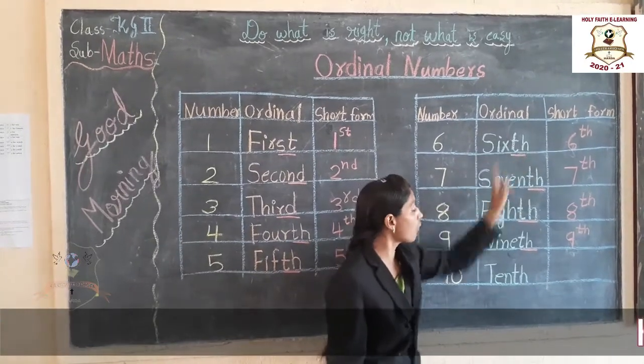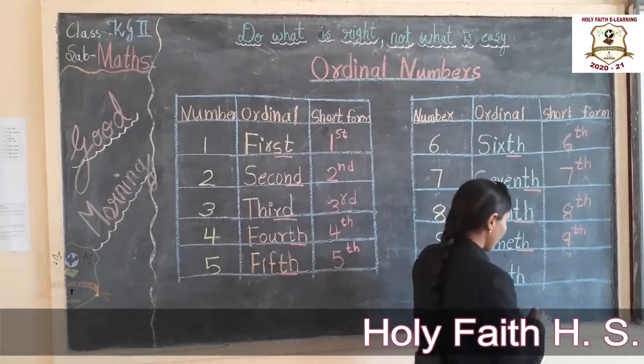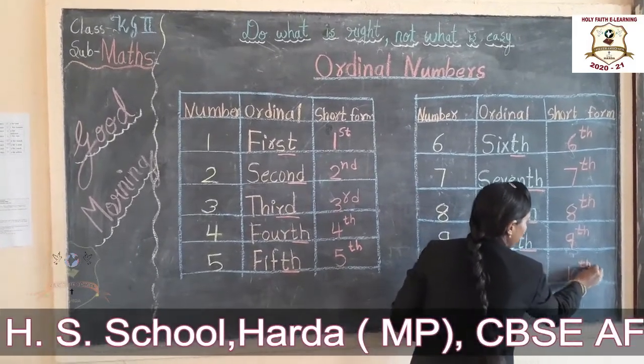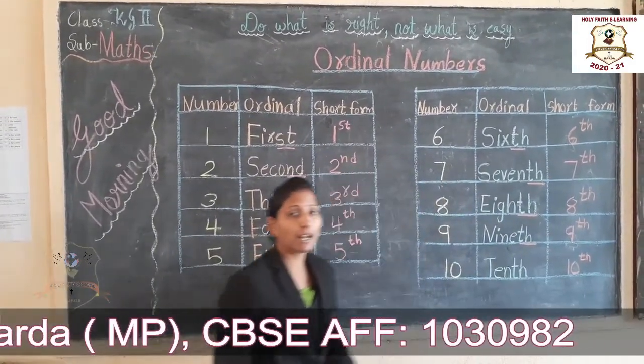Tenth. And the short form of tenth is, look at here, ये 10 लिखा हमने and then last के 2 letter is TH. 10. Is it clear all of you?